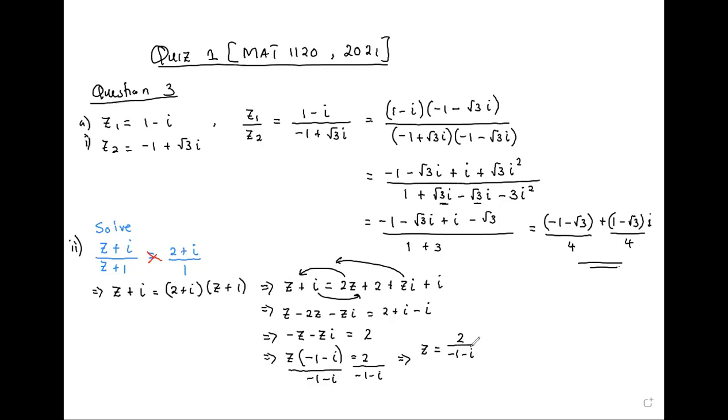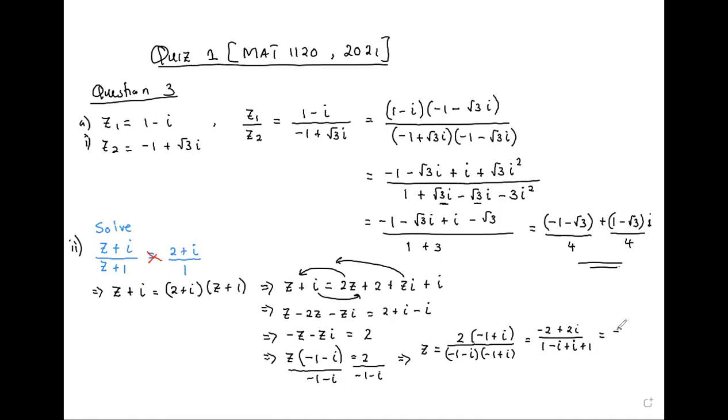So we conjugate the top by negative 1 plus I, the down by negative 1 plus I, giving us negative 2 plus 2I over positive 1 minus I plus I, negative I squared, which is plus 1.